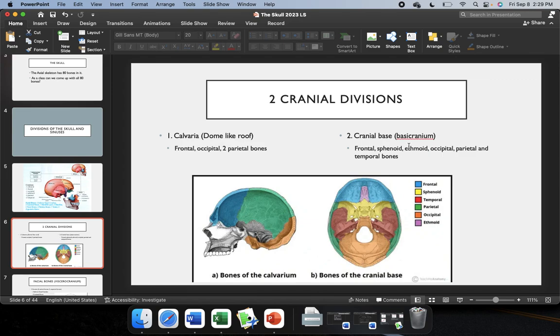So the cranial base is going to include all the bones of the cranium, whereas the calvaria will only include select bones. So these terms are good to be able to reference. On occasion, you may hear the term calvaria as opposed to cranial base to further subdivide the cranium.